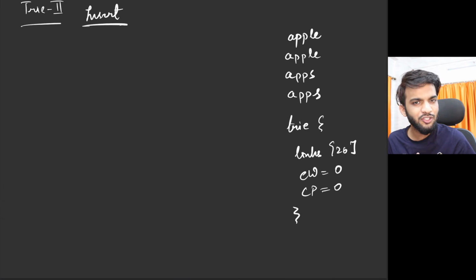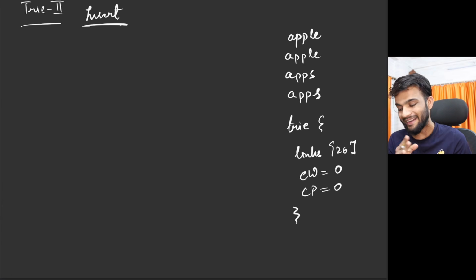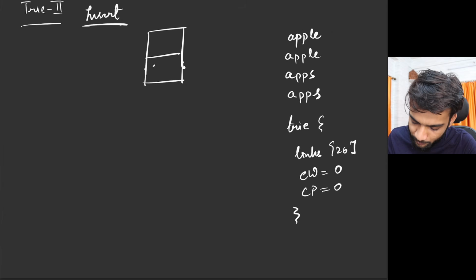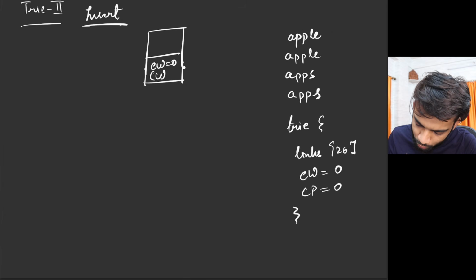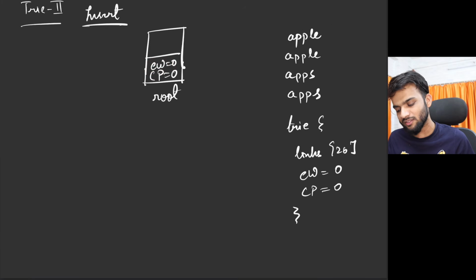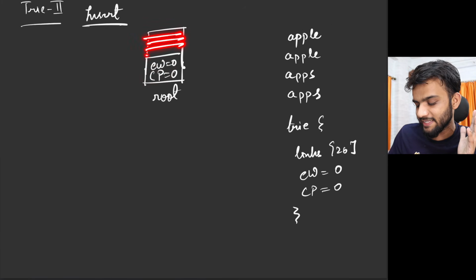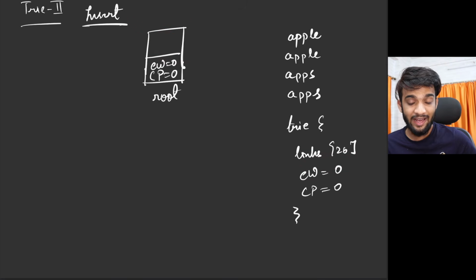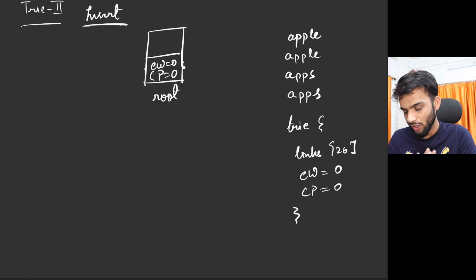These are integer variables which are going to count, and we will initially declare a root, where endWith will be 0 and countPrefix will be 0. This is the initial trie that is declared, which has endWith and countPrefix. It also has 26 links. As of now none of the links are valid, so all the links are null.